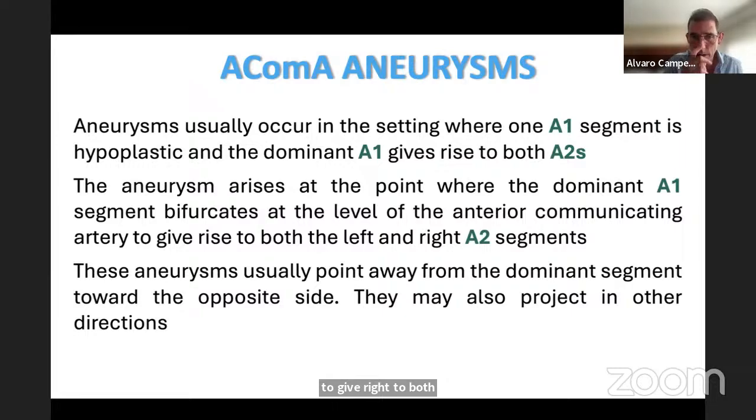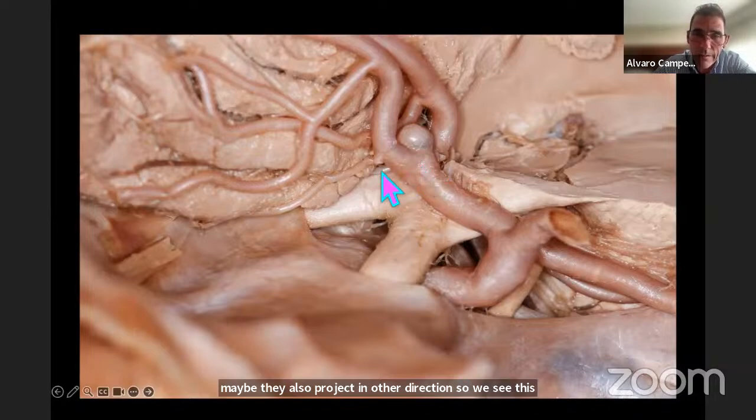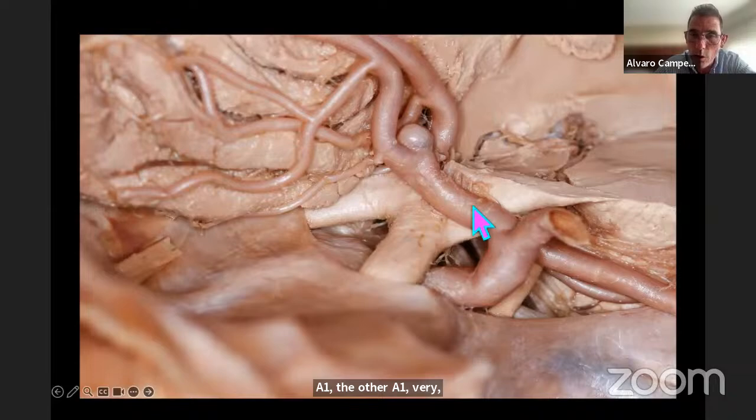This aneurysm usually points away from the dominant segment toward the opposite side, but they may also project in other directions. So we see this A1, the other A1 very hypoplastic, and the A1 bifurcates like in a middle cerebral artery aneurysm. This is the contralateral A2, the ipsilateral A2, and the aneurysm at the bifurcation.